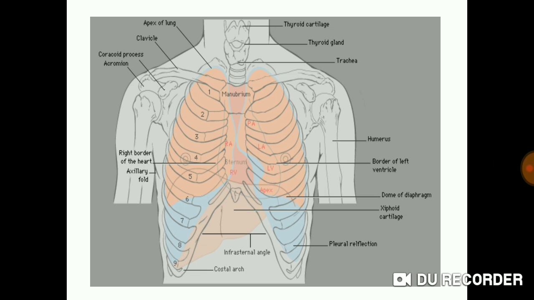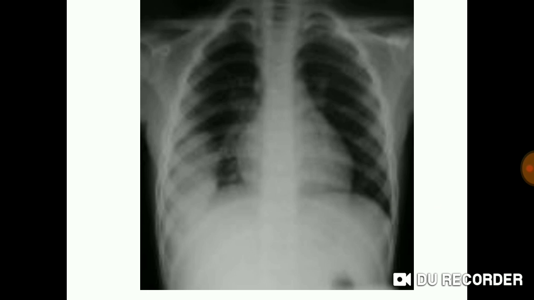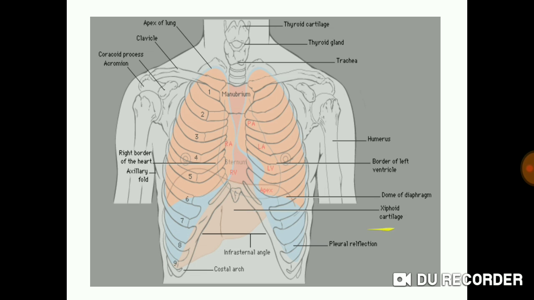You can see in this picture thyroid cartilage, thyroid gland, trachea, humerus, border of left ventricle, dome of diaphragm, xiphoid cartilage, pleural reflection, infrasternal angle, costal arc, right border of the heart, axillary fold, coracoid process, acromion, clavicle, and apex of lung.